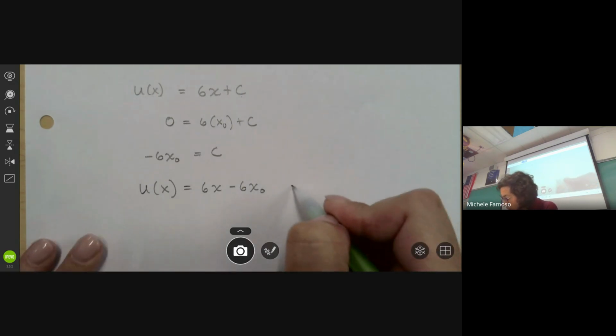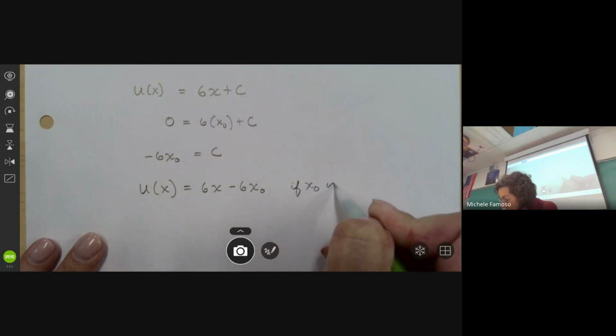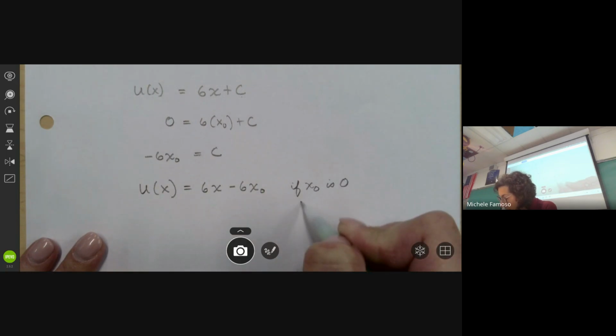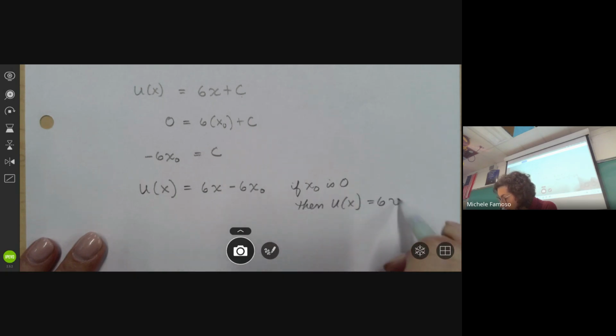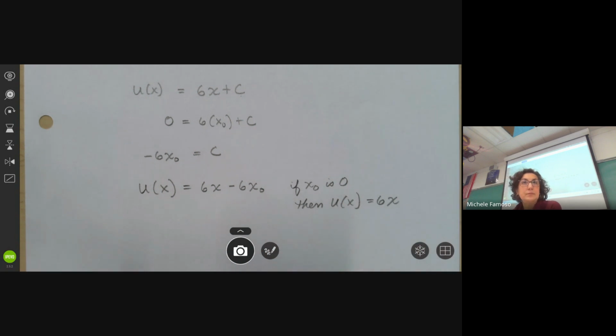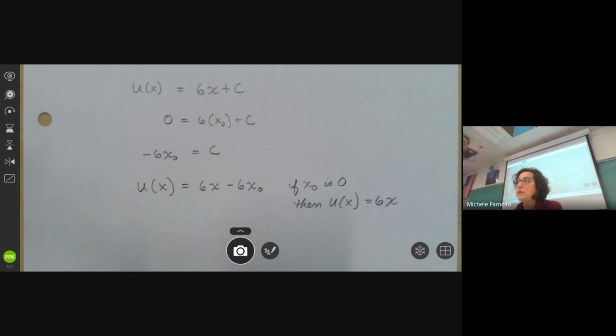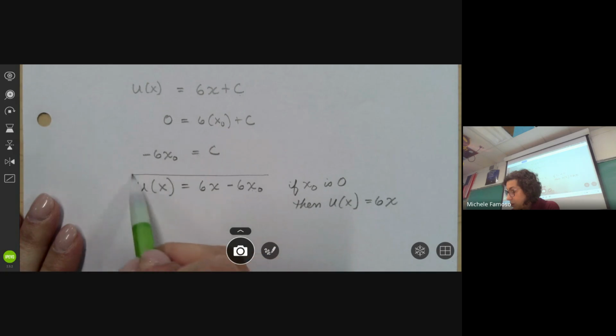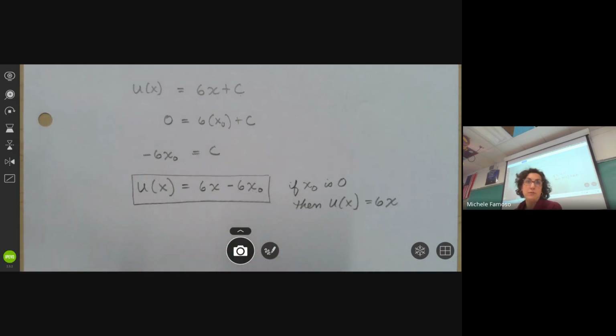If x0 is 0, then the potential energy is just 6x. Would that make sense? Because then I would plug in 0 for this. 6 times 0, 0 minus 0, it's gone. Gentlemen. All right. But this is the more generic function.